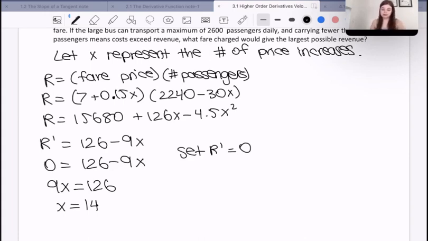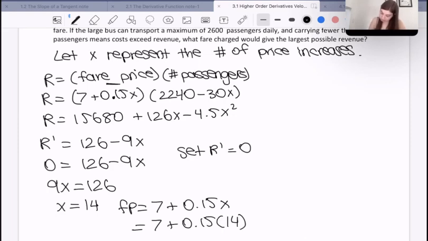Just a reminder, the fare price we said was 7 plus 0.15 times x, and we found out that x is 14. So therefore, the fare price should be $9.10 if we want to maximize our revenue.